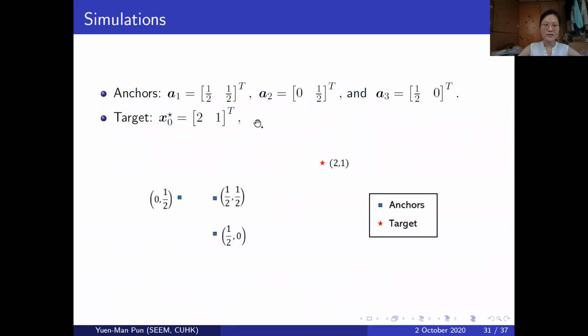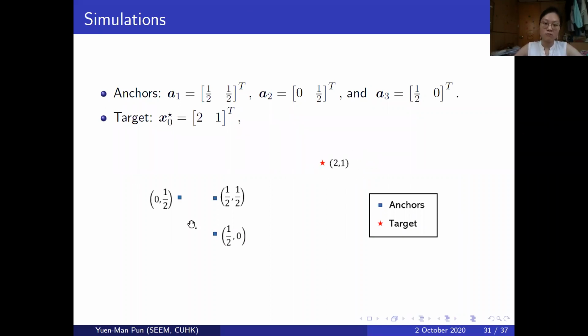So now let's move on to the numerical results. We first set the anchors like this. This is also the setting in Leslie Landry's paper, where they put the sensor anchors in these 3 positions, and the initial location of the target is 2, 1.